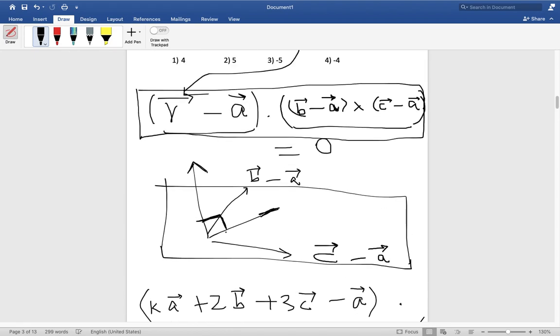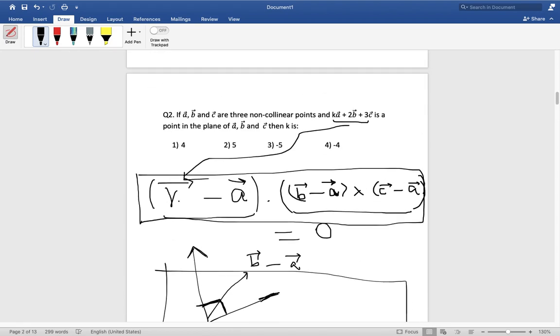In this original equation, if you substitute a here, a minus a will be 0, and 0 dot this vector will be 0, so it satisfies. If you put b over here, this will be b minus a dot b minus a cross c minus a, the b minus a vector cross product with the c minus a vector.